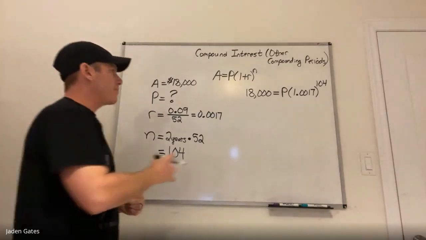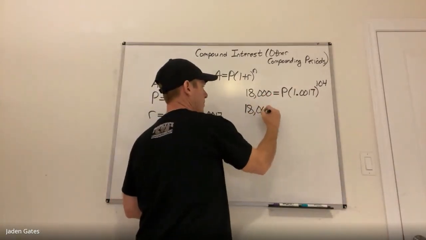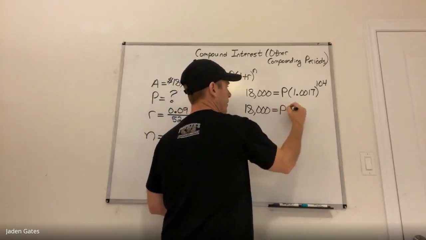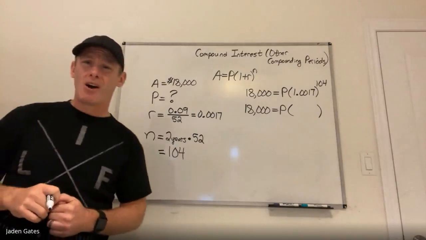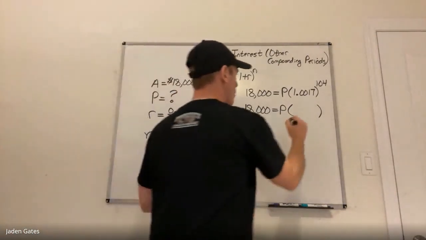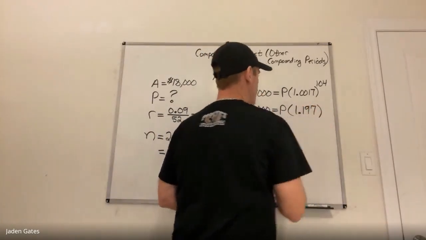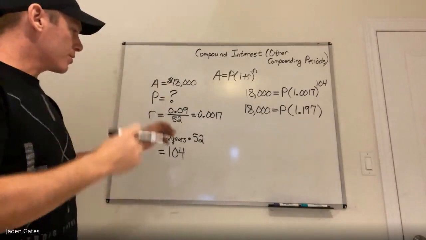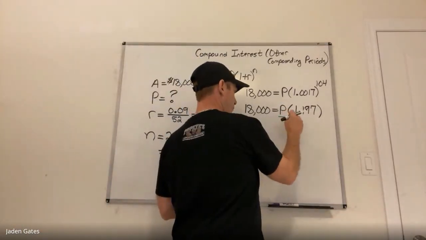I'm going to do my exponent first. I take my 1.0017 and take it to the power of 104. Definitely calculator work there, and I'm getting 1.197.